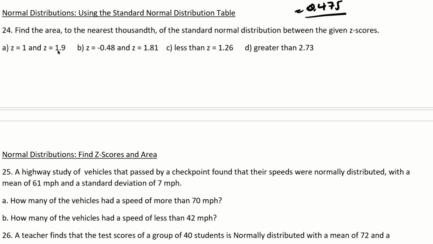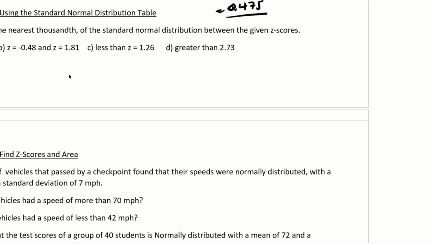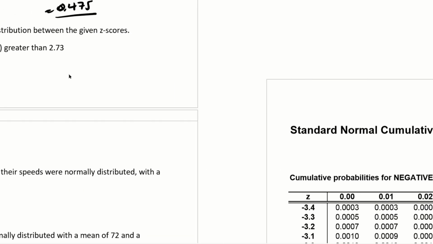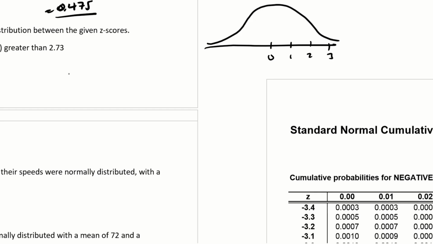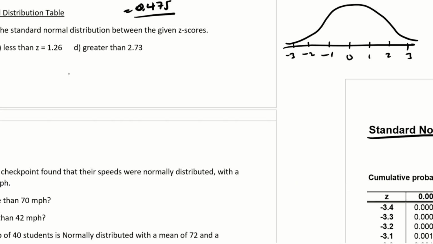First off, we need to know that the standard normal distribution starts at 0 in the middle and it goes by ones. The standard deviation is 1. That's what we call the standard normal distribution. So we want the area between z equals 1 and 1.9.